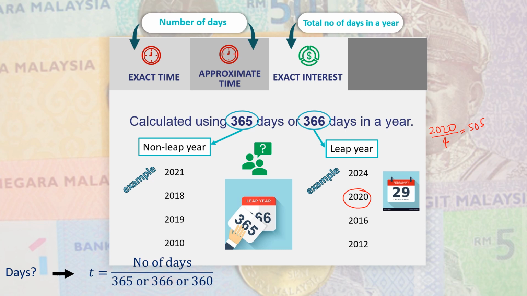But if the year is 2021, 2021 divided by 4 is equal to 505.25, so there is a remainder. That's why 2021 is a non-leap year.